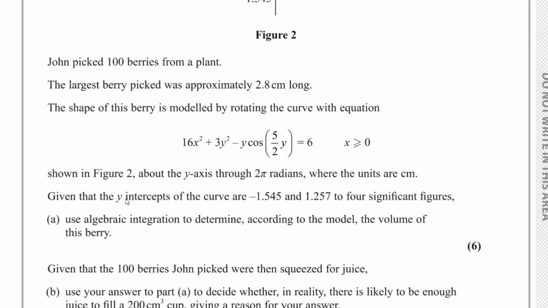We're given that the y-intercepts of the curve are negative 1.545 and 1.257 to 4 significant figures. We have to use algebraic integration to determine, according to the model, the volume of this berry.